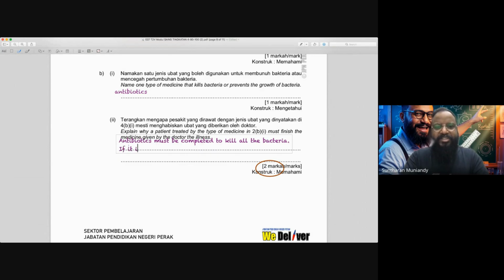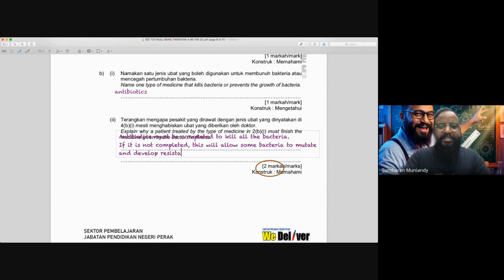If it is not completed, this will allow some bacteria to mutate and develop resistance towards the antibiotic.